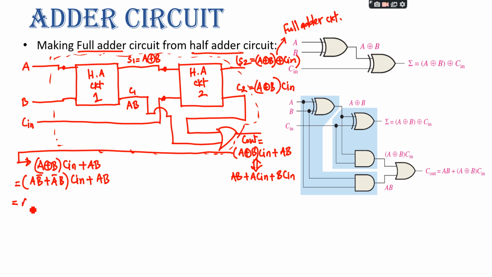So A B bar C in plus A bar B C in plus AB. So what we can take in common between the last two terms? B. So if you take B common, then we can have A plus A bar C in, right?